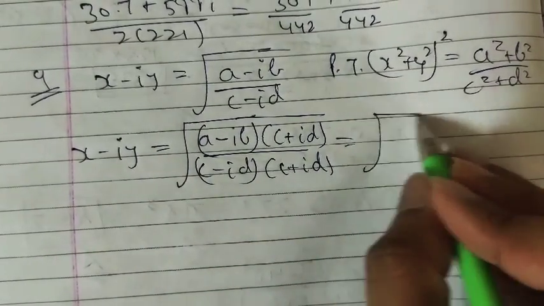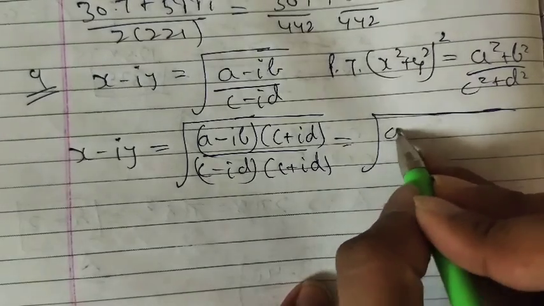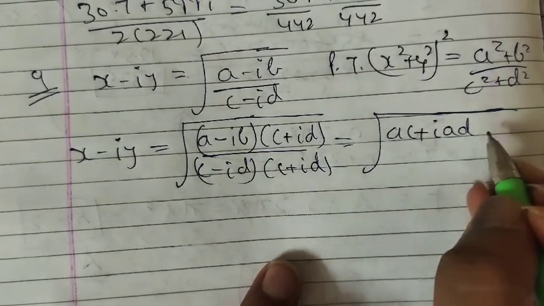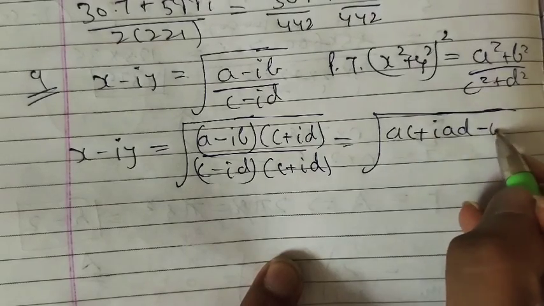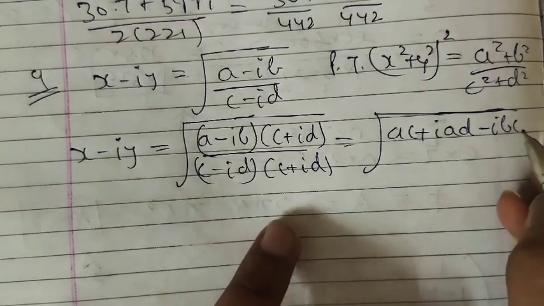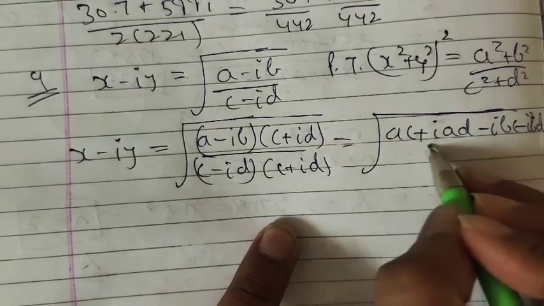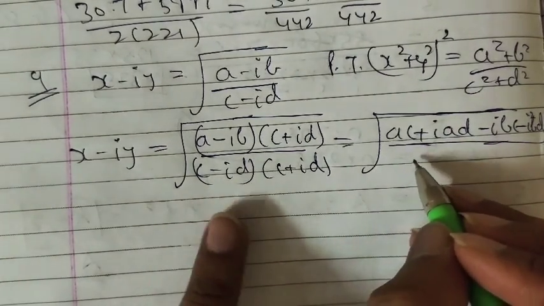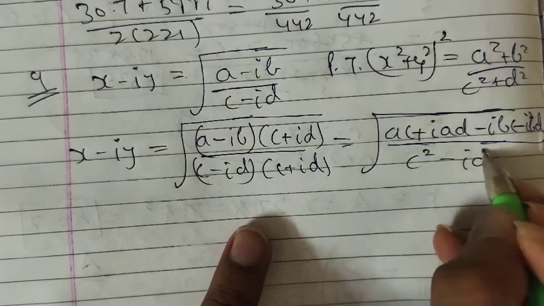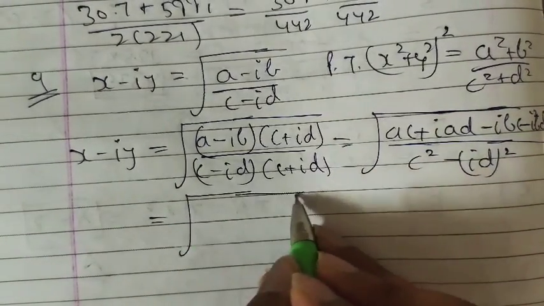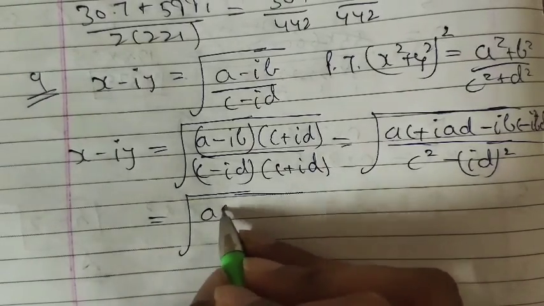Which will be equal to the square root of (ac plus iad minus ibc minus i squared bd) divided by (c squared minus i squared d squared). So this will be equal to the square root of ac.